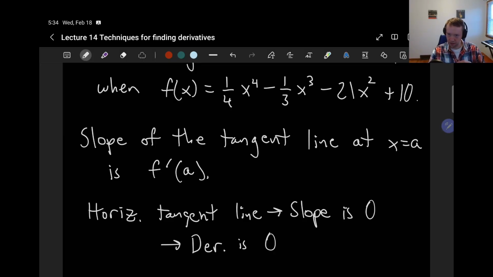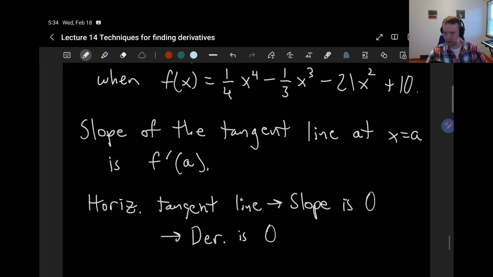So no need to make a fancy graph or anything. We don't need to know what the graph looks like at all, actually. We just need to deal with the derivative. So we're essentially asking, when is the derivative equal to 0?